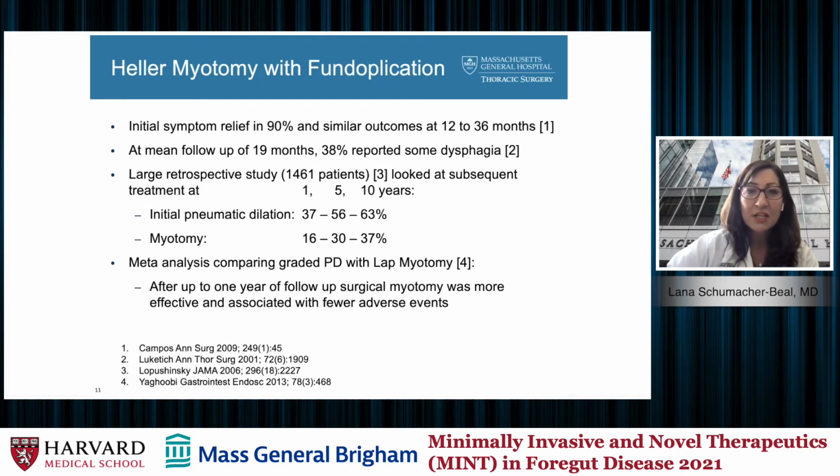However, looking at a large retrospective study in subsequent treatments comparing initial pneumatic dilation versus myotomy, there was a much more durable response and less dysphagia with the myotomy. And if we look at meta-analysis comparing pneumatic dilation with a myotomy, up to 1 year following the myotomy, it was more effective and associated with fewer adverse events.